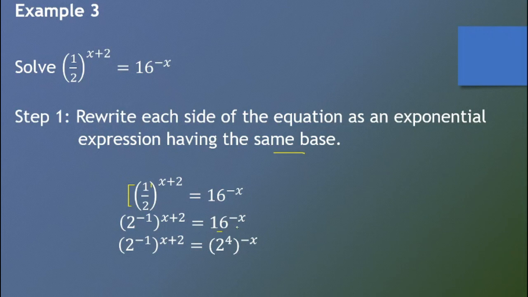And then, after that, simplify na natin yung mga exponent. Si negative 1, imumultiply mo kay x plus 2 dito sa labas, at yung 4 dito, imumultiply kay negative x. So, magiging ganito. We have negative times x plus 2, and then, ito naman sa right side, magiging negative 4x.